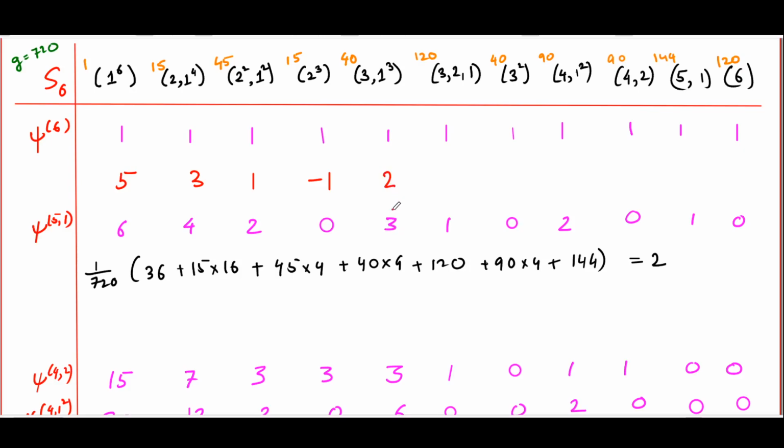Remember, we are subtracting the upper row from this one. You get 0 here, minus 1 here, 1 here, minus 1 here, 0 here, minus 1. So this is our second simple character after this first one that we have figured out.